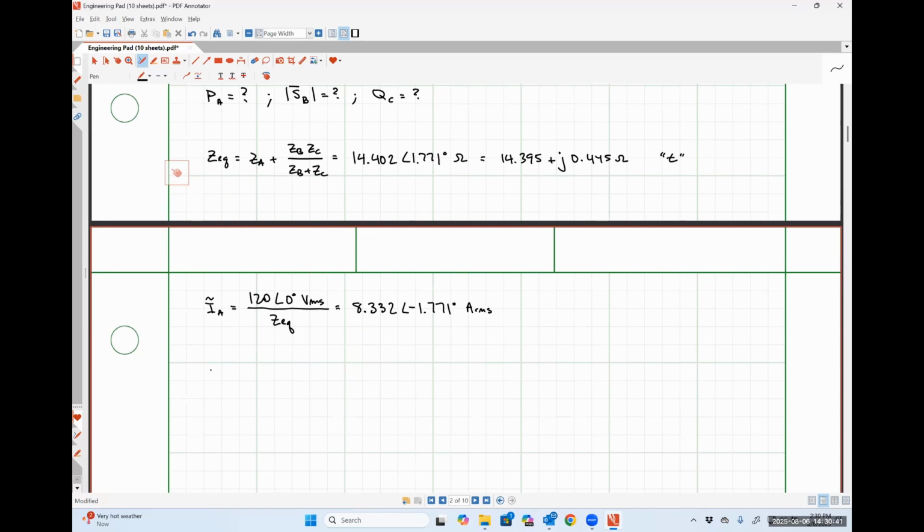And then using Ohm's law, I could say that VA is nothing more than, let's say, IA times ZA.